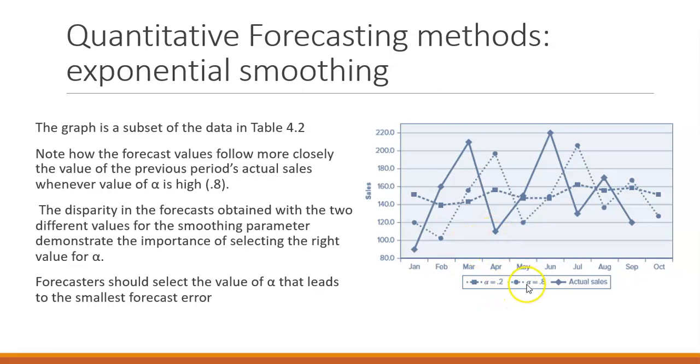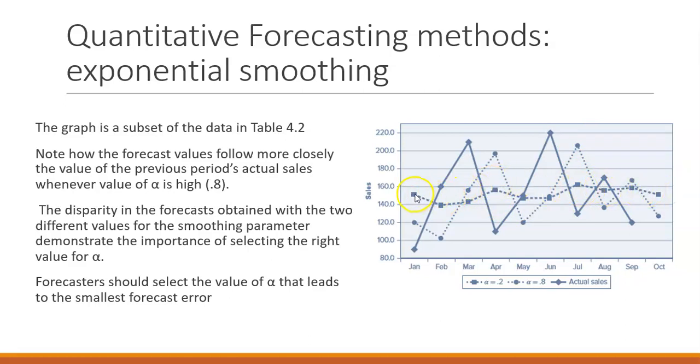Then we have two different forecasts, one using an alpha of 0.8 and one using an alpha of 0.2. So you can see that the 0.8 forecast line follows our actual results much closer than the alpha of 0.2, which really smooths out that sales line.